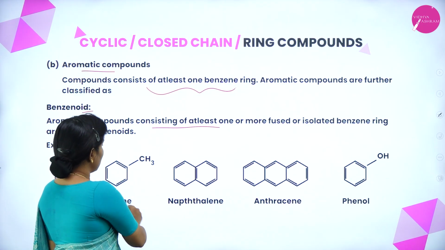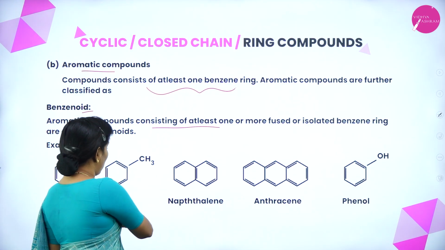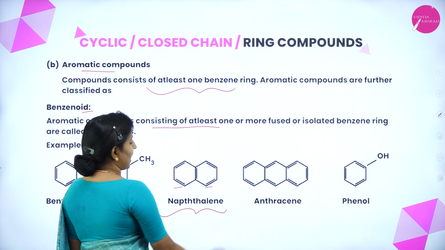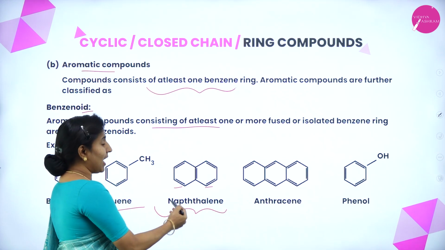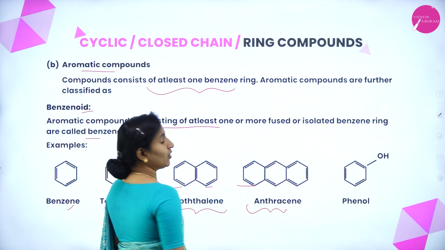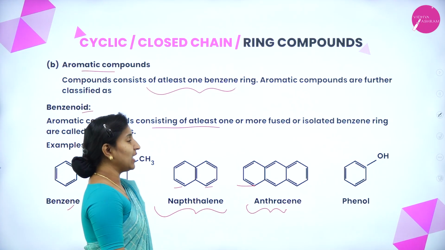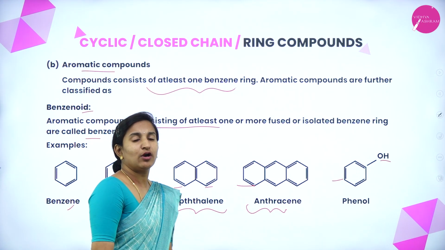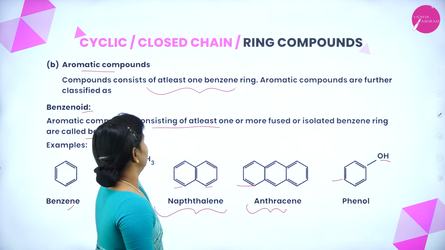This is benzene. Benzene with a methyl group is called toluene. Two benzene rings attached together we call naphthalene, and three benzene rings attached together we call anthracene. Benzene with a hydroxyl group, that is an alcoholic group, we call phenol.